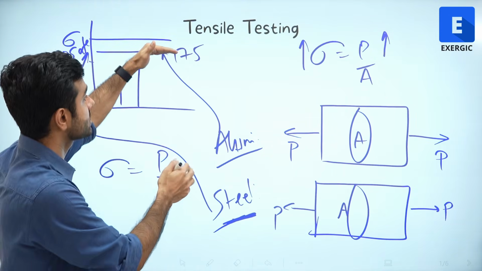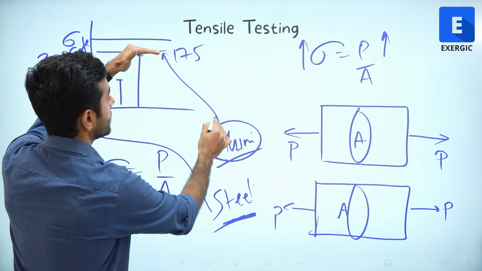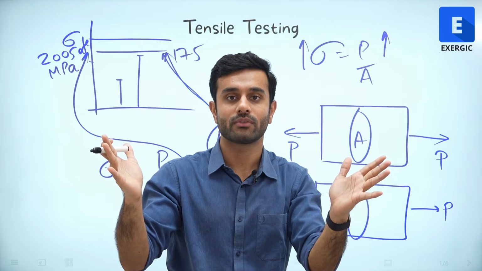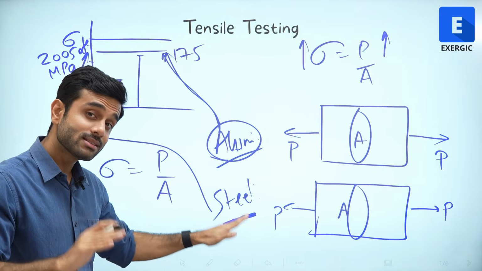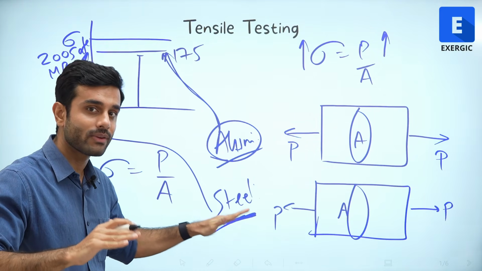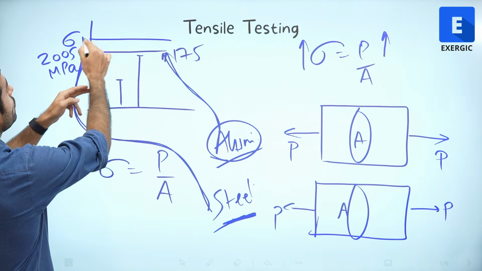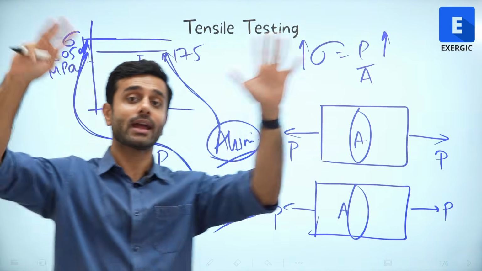As soon as it reaches 175, if the maximum stress that aluminium can bear is 175, it is going to crack and fracture at 175. This will still hold on, this will not fracture at 175. This, as I showed you here, may go up to 200 and it will fracture and crack at 200.